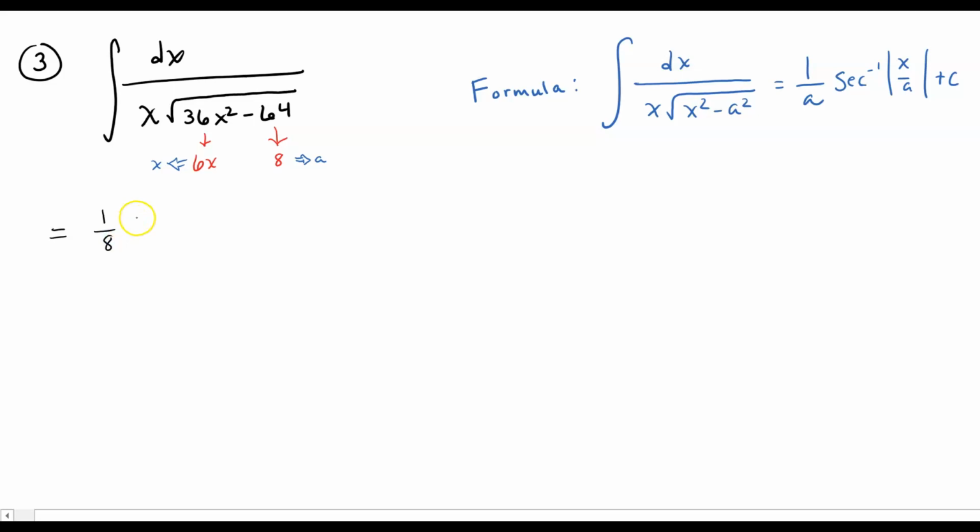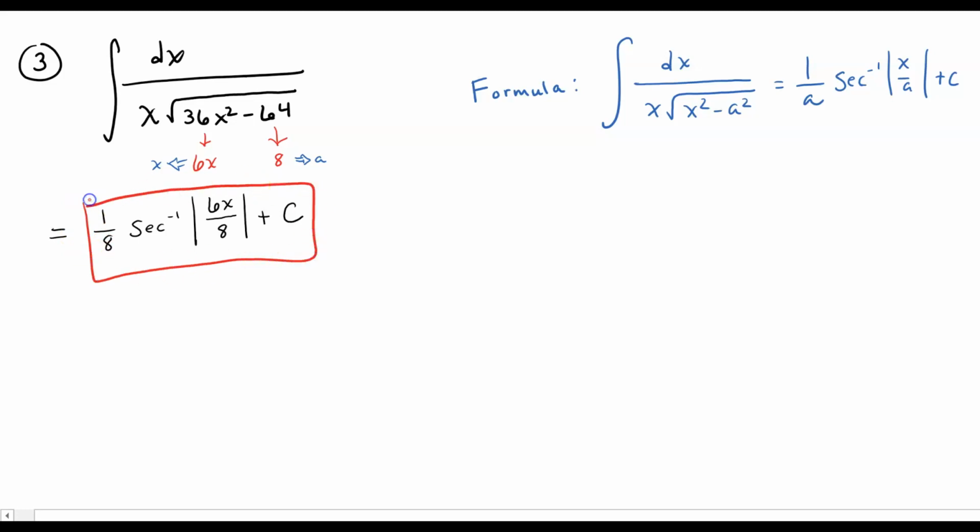And then it's the secant inverse of the absolute value of x, but in this case we know it's going to be 6x over a, which in this case was 8, plus c, your constant of integration. So this right here is as easy as it gets. You just have to be able to pluck out the appropriate information.